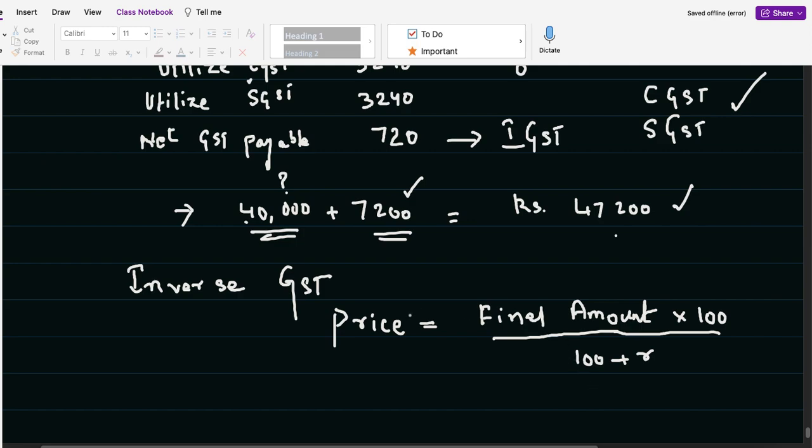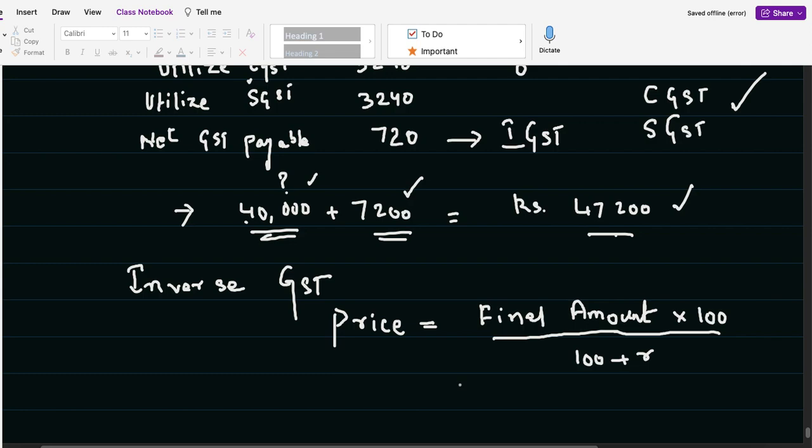Price is the cost price at which we have received the goods, and final amount is the amount after adding the GST, that is 47,200. Understood? Note down this formula.